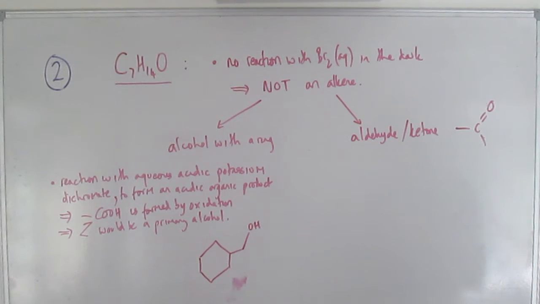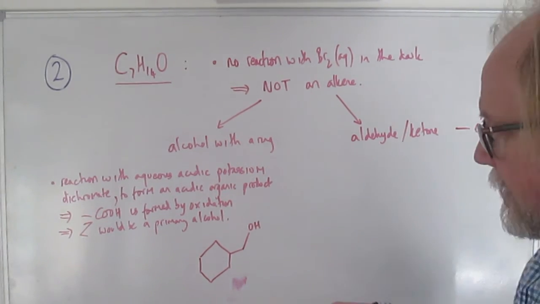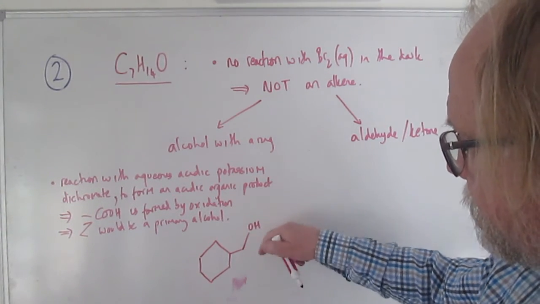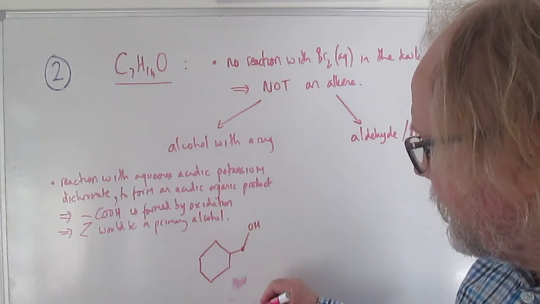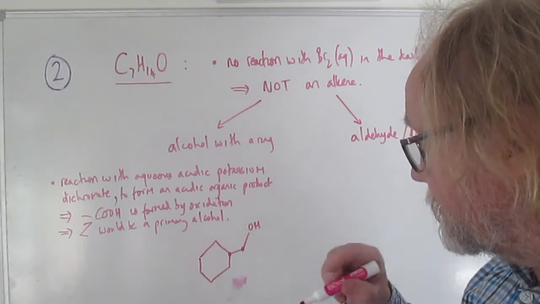The extra bit of information that we've got is that there's no reaction with concentrated sulfuric acid. Now remember, it is the dehydrating agent for alcohols. It takes away water from an alcohol by taking away the OH group from one carbon and a hydrogen from the adjacent carbon.